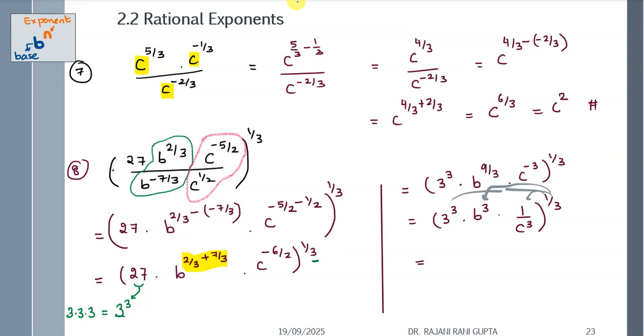So this gives you 3 power 3 whole power 1 over 3, b power 3 whole power 1 over 3, and 1 over c power 3 whole power 1 over 3. For 1, if you distribute the power, it doesn't matter. It will be 1 whole. Cancelling this 3 and 3. So what you are left with, your final answer will be 3b times 1 over c, or you can write it as 3b over c. This will be your final answer.